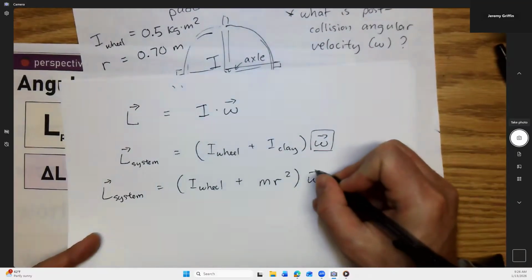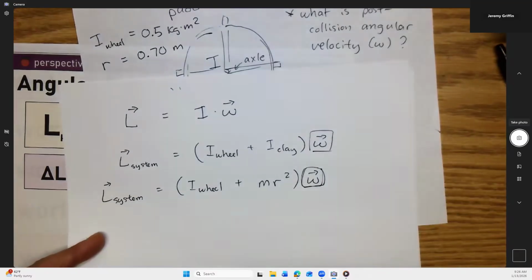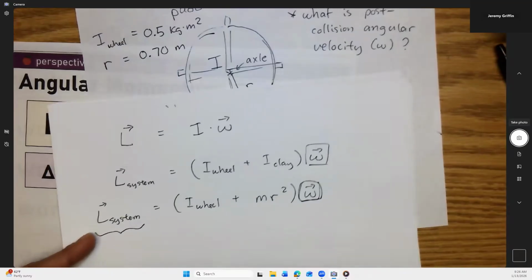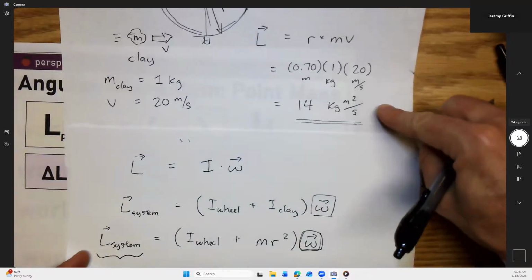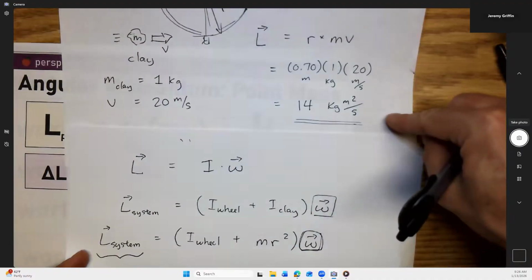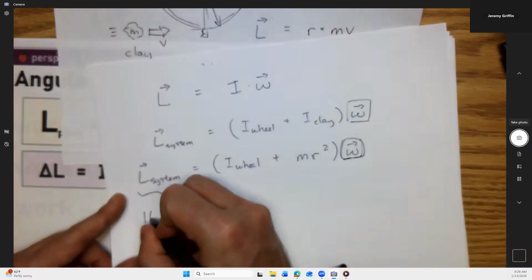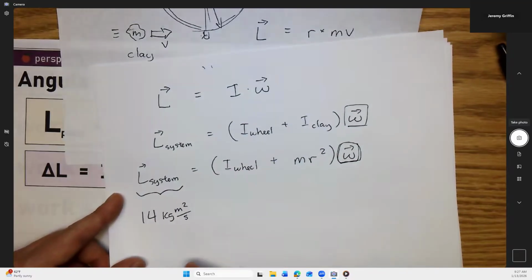And then omega right here. Our ultimate goal is to solve for this omega. But I think we can start popping in numbers at this point. What number am I going to plug in for the angular momentum of the system? Exactly. That's what we did all this work for. This r m v is 14 kilogram meter squared per second. It's like 14 units.